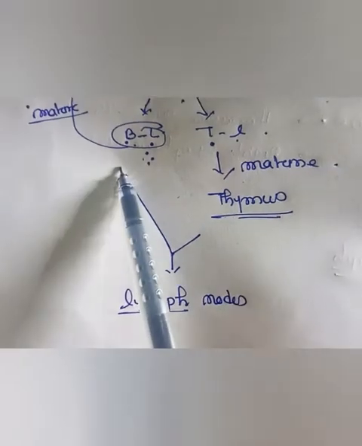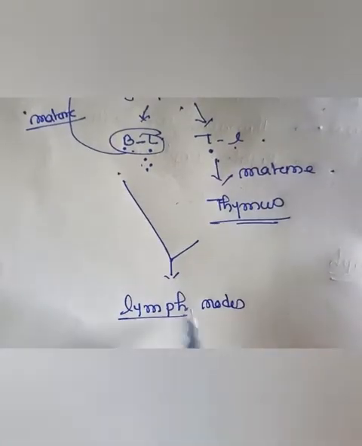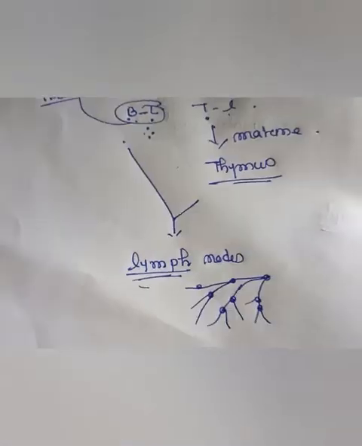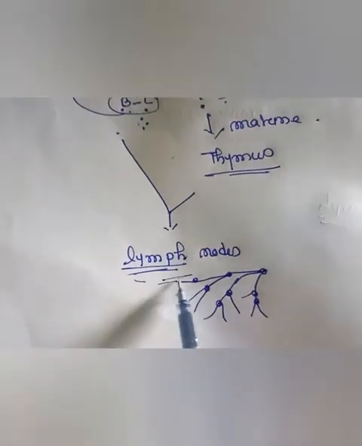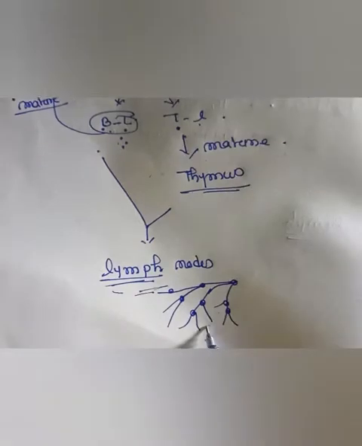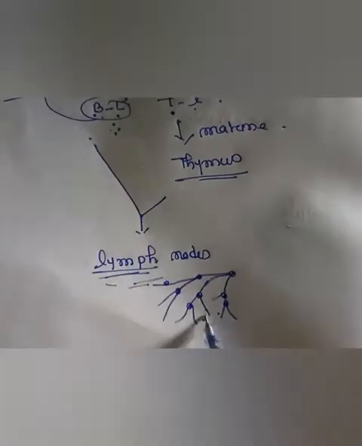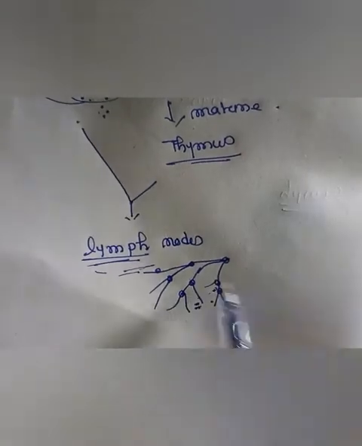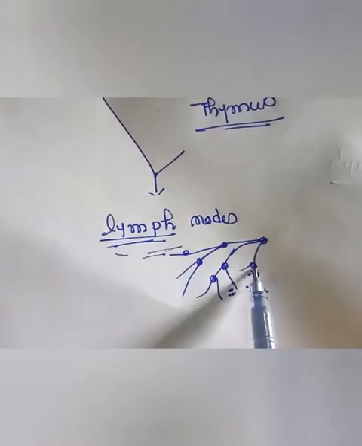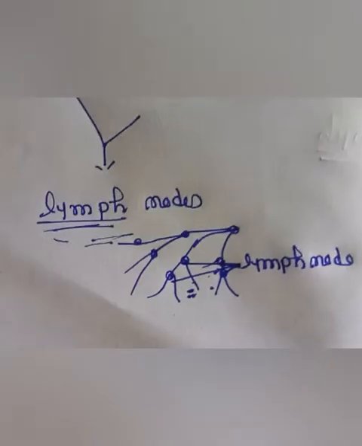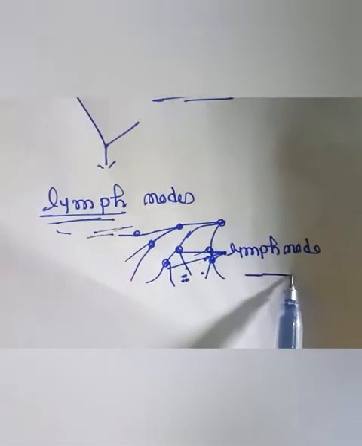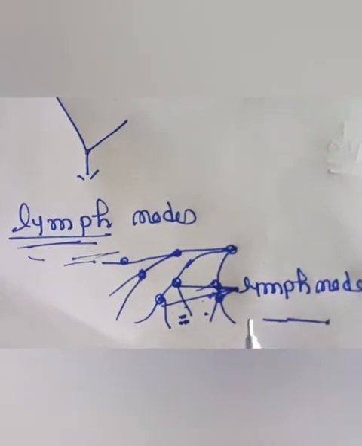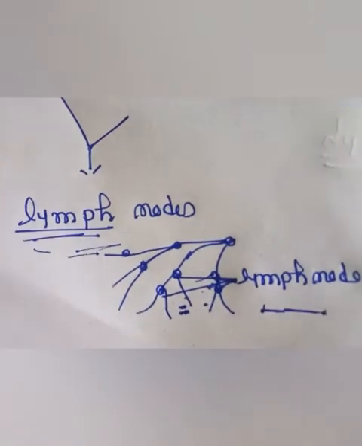These B lymphocytes and T lymphocytes come into the secondary lymphatic organ, the lymph node. What is a lymph node? In the lymphatic vessels there are lymphatic nodes, like knots on a rope. The function of the lymph node is to check the lymph for any bacteria or viruses.